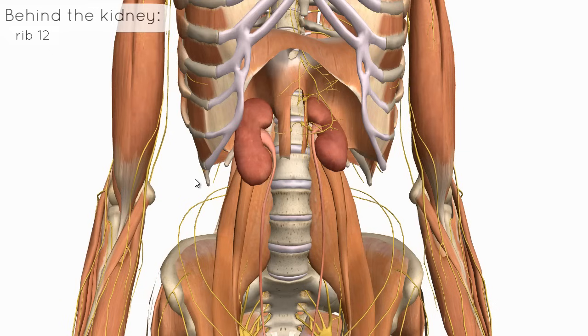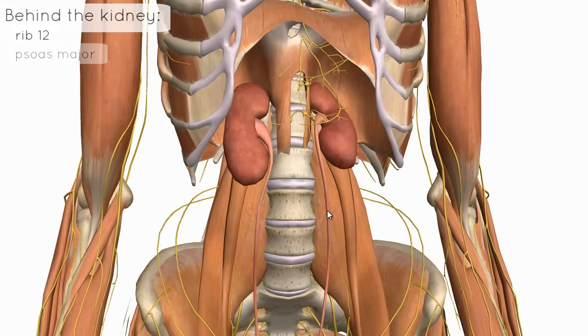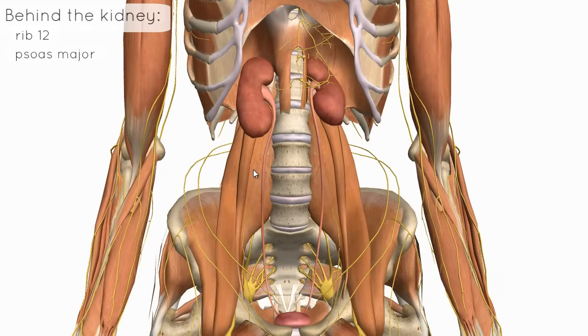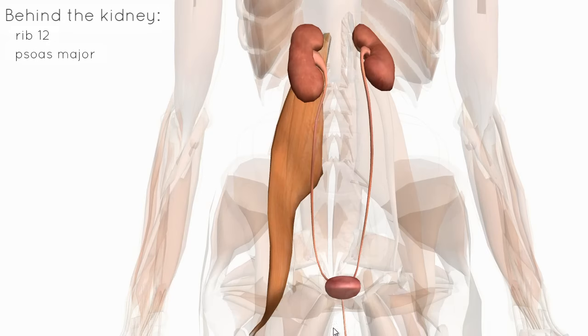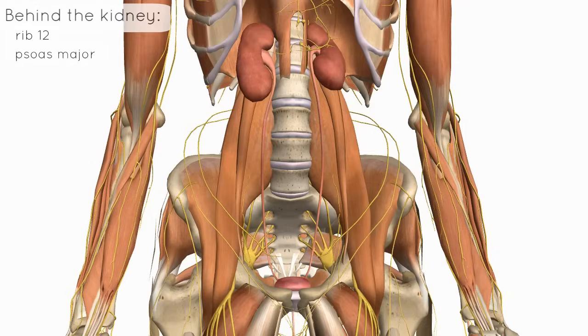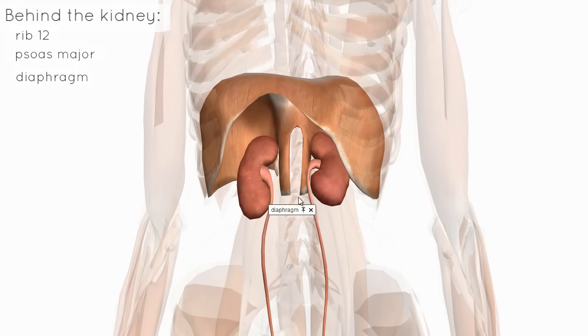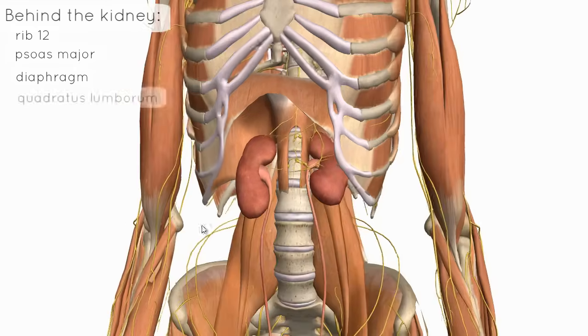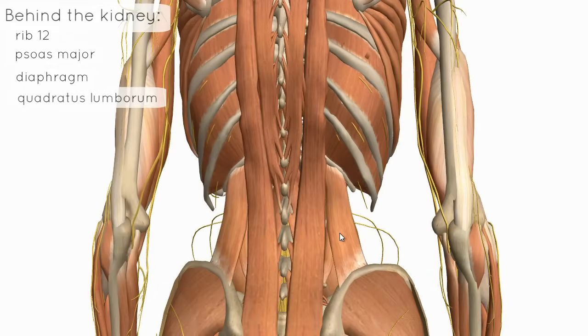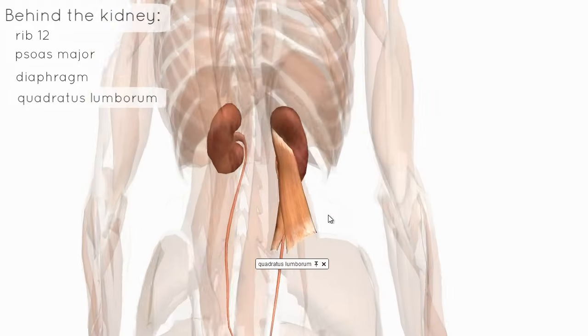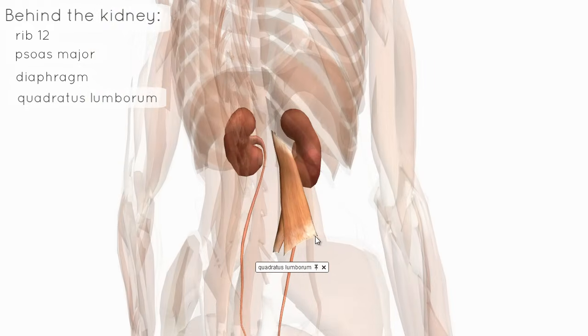You can see the psoas major on either side sits behind it, so it's this muscle here. And you've got the diaphragm, the posterior parts of the diaphragm sitting behind the kidney. You've got the quadratus lumborum, which is this muscle here, but it's obscured in this model by the huge psoas major muscle.